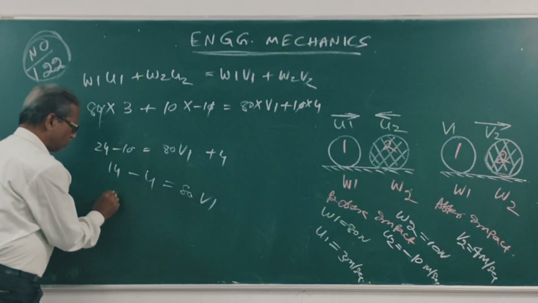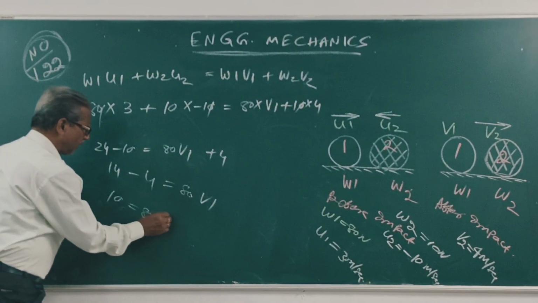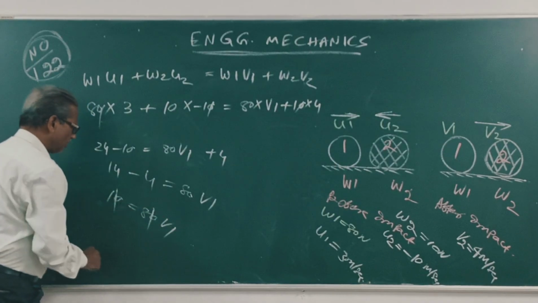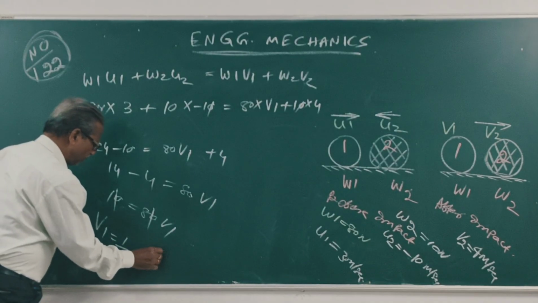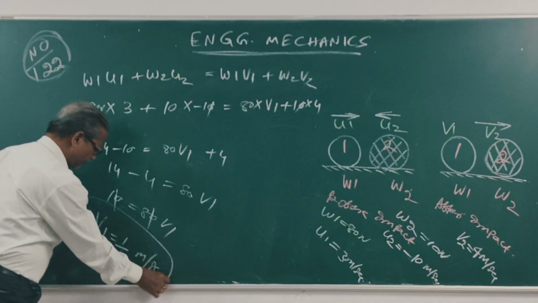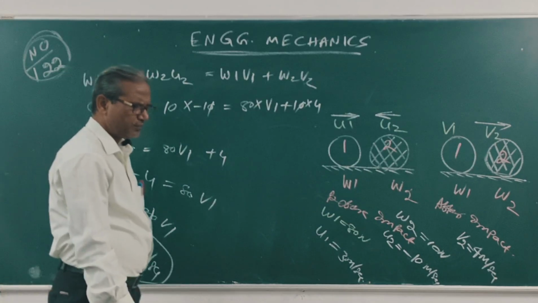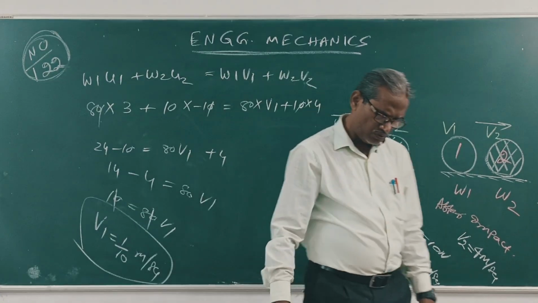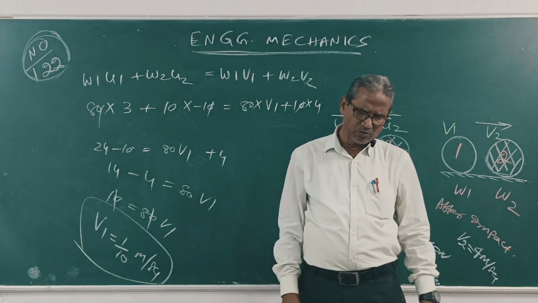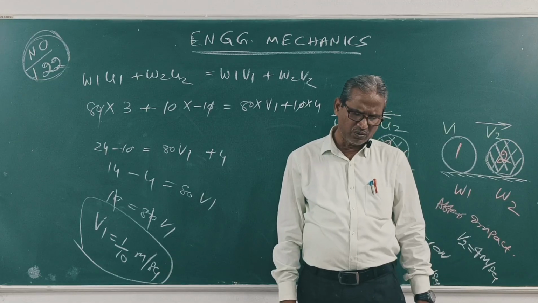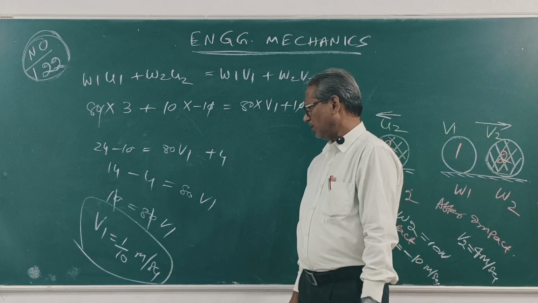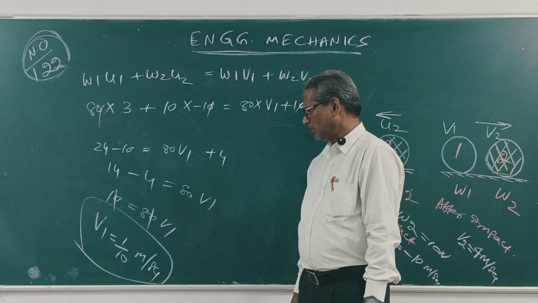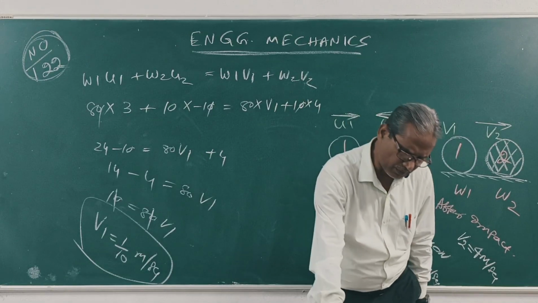So 10 is equal to 8 V1. But V1 is equal to 1 by 10 meter per second. This is V1. V1 is equal to 1 by 10 meter per second.